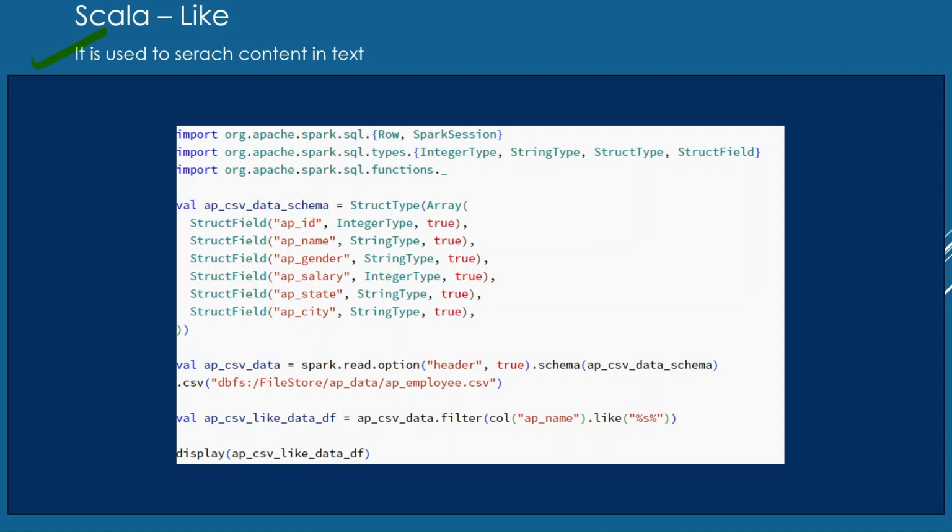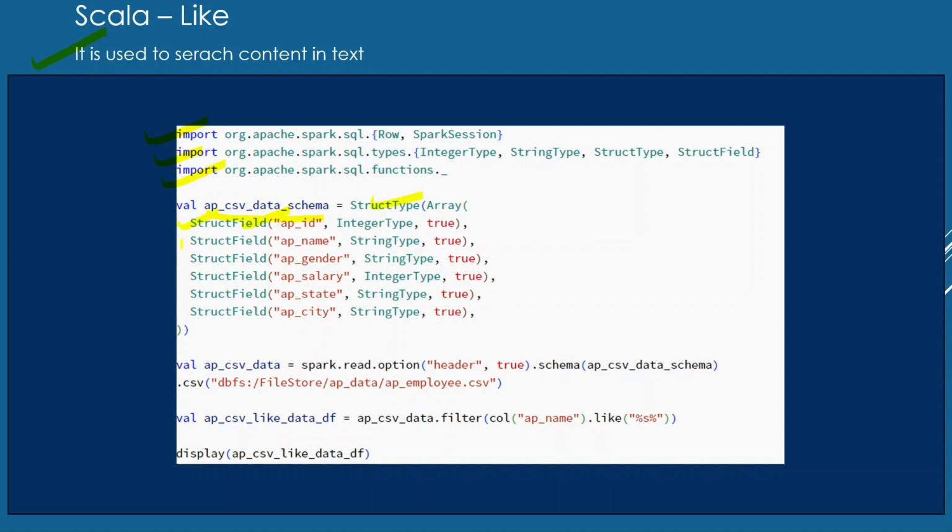We are going to see what this means with the help of an exercise. In this exercise, I am just importing all the required libraries. Here I am creating a schema with the help of a struct type and a struct field.